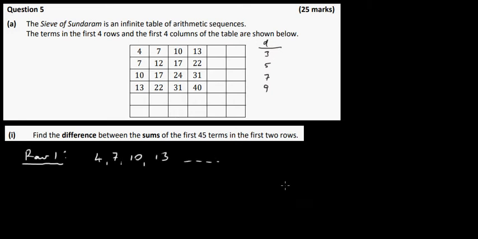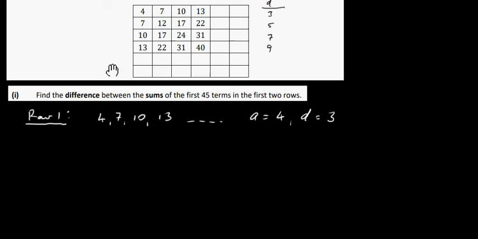We see A here is 4, and our common difference is 3. It's going up in 3s. We have to work out the sum of the first 45 terms of this row.